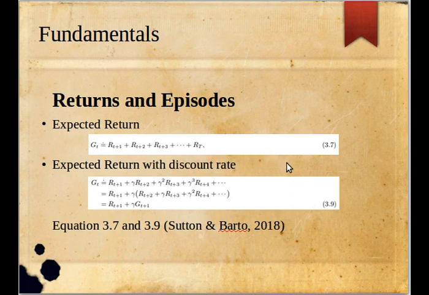In the simplest case, the return is the sum of the rewards, where T is the final time step. A process or a task that has T time steps and ends at the end of this time step is called an episode, and the task is called an episodic task. These episodic tasks always have an end state named terminal state.